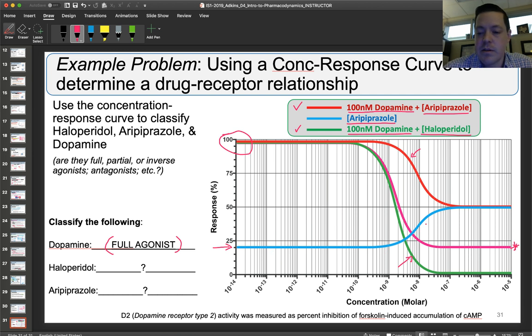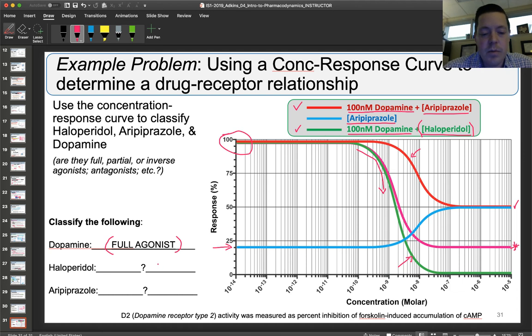Then it eventually starts to increase, but it only goes to about right there. The green line, we also have dopamine, that's why it starts off here at the top and begins to decline as we add more and more haloperidol. Once we start adding more haloperidol, we see a reduction.